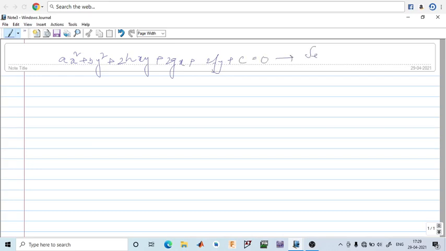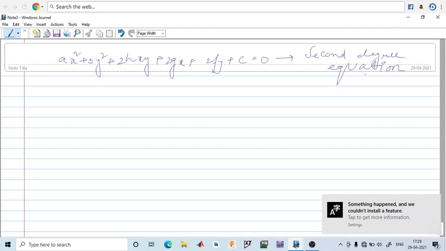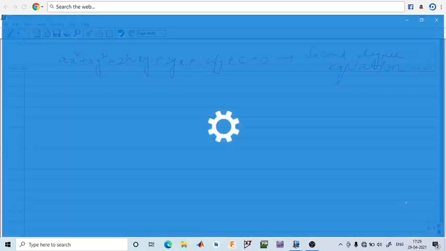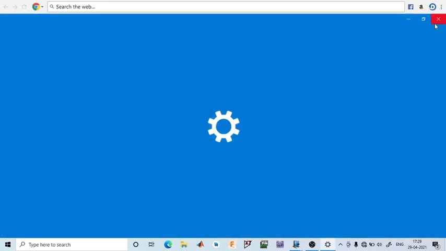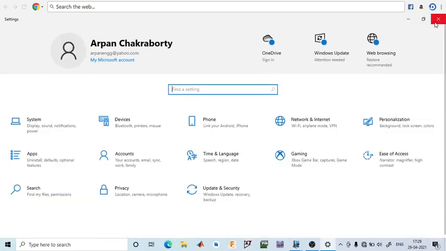This is the second degree equation. Under different conditions we are going to get different curves, that is a parabola, and under some conditions we are going to get the equation of an ellipse.